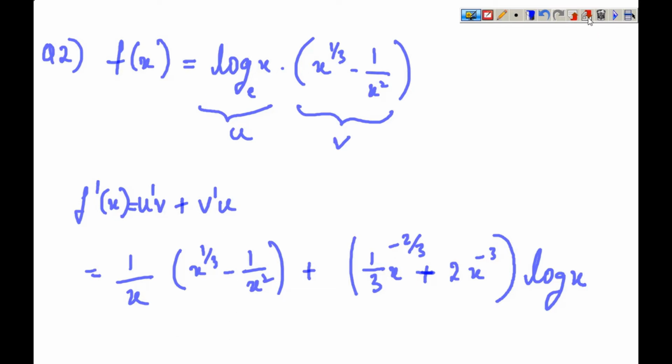Now again, going to the next question, we have to find the derivative of the function of x given as sine inverse x by e to the power 4x.